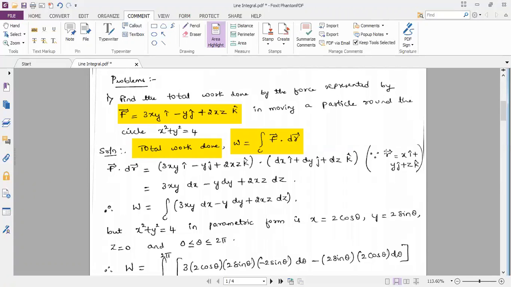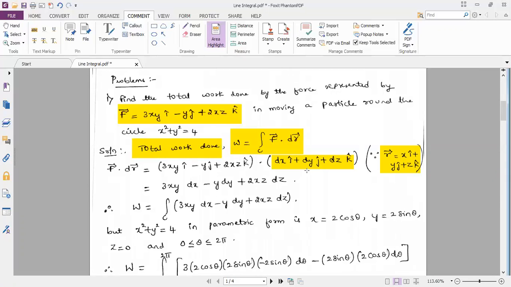We are familiar with the position vector r given by x i plus y j plus z k. Hence dr will be dx i plus dy j plus dz k. So for F dot dr, we recall the property that i dot i is equal to 1, j dot j is equal to 1, k dot k is equal to 1.